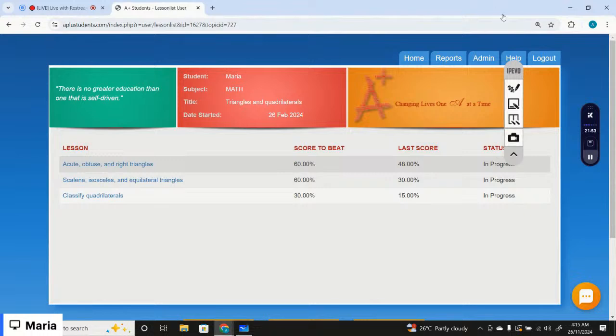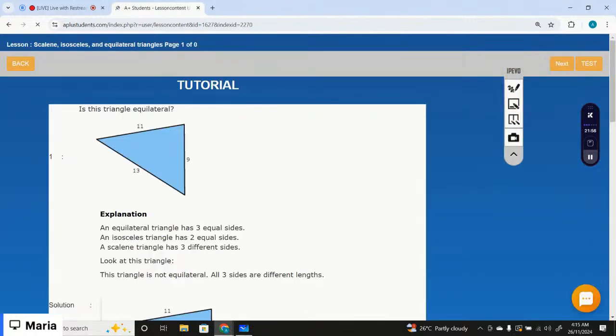The next lesson is scalene, isosceles, and equilateral triangles. Is this triangle equilateral?